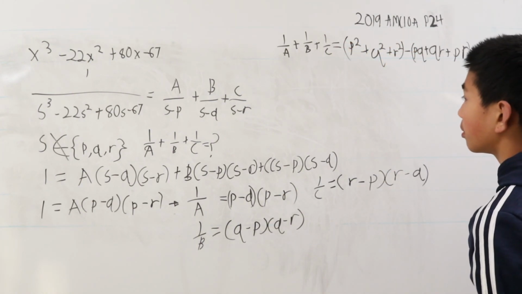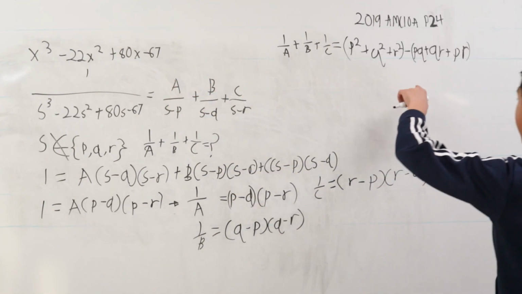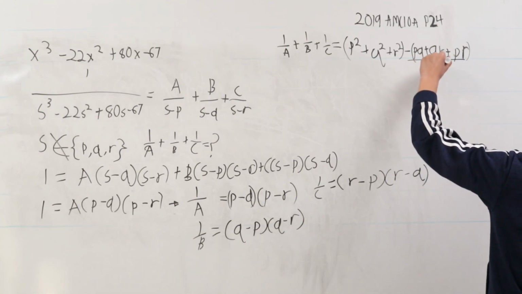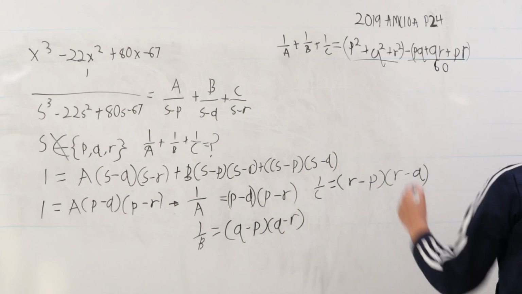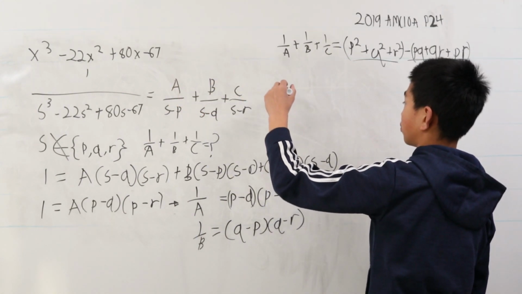Okay, what do we know here? We can use the coefficients of this polynomial to figure out that this part is 80. And this part is a bit trickier, because this corresponds with 22.